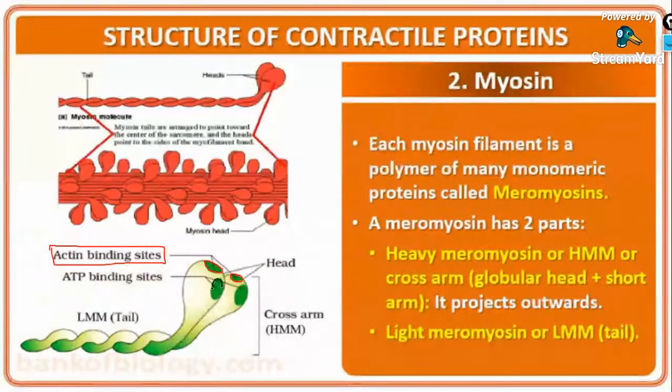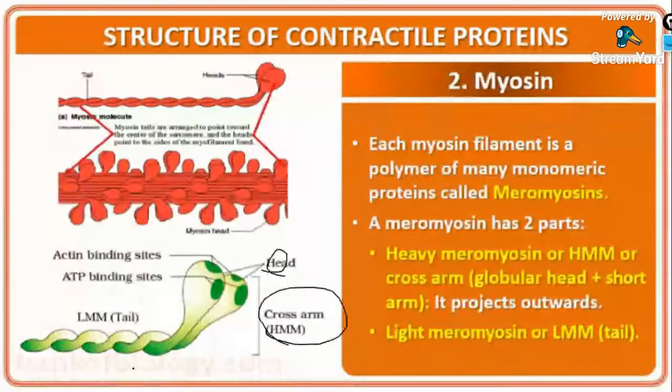And these two regions which I am drawing with a black pen are the ATP binding site. Clear? So this is the actin binding site and this is the ATP binding site. The heavy meromyosin consists of the head region and the cross arm, and light meromyosin consists of the tail region.